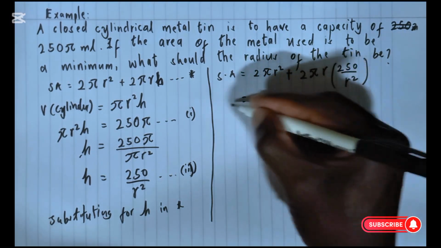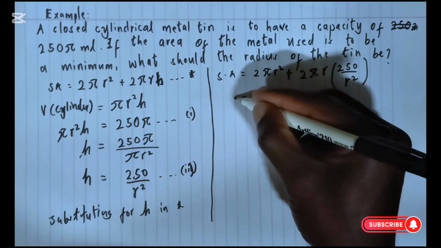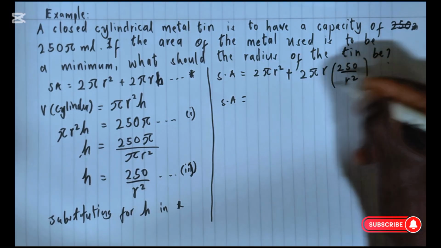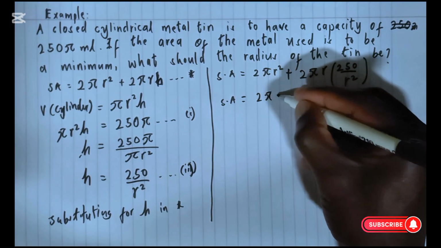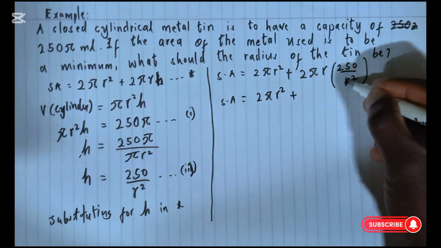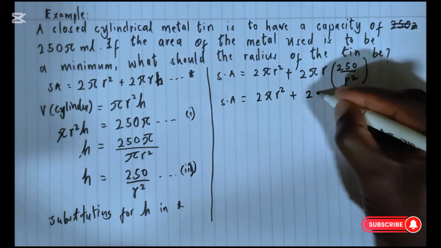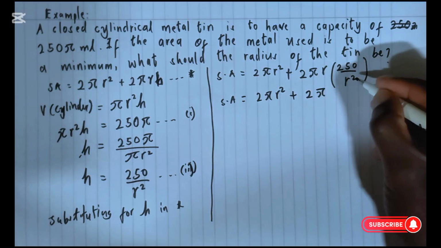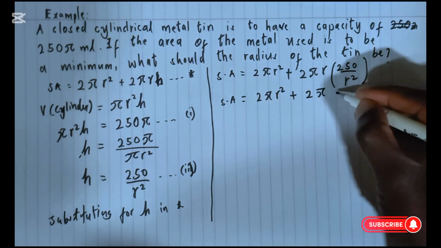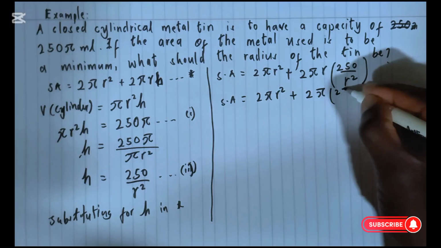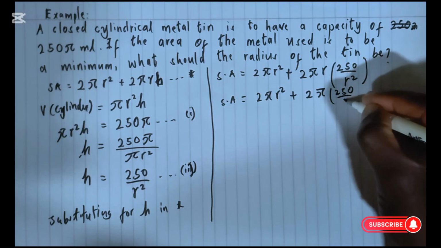Now that we have this, maybe we can simplify this further. So note that our surface area is going to be 2 pi r squared plus, I just want us to simplify this. So this will be 2 pi into 250 all over r.